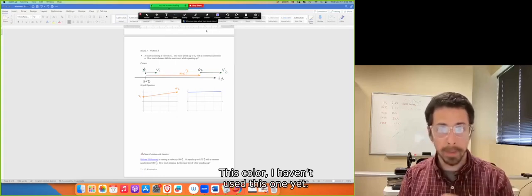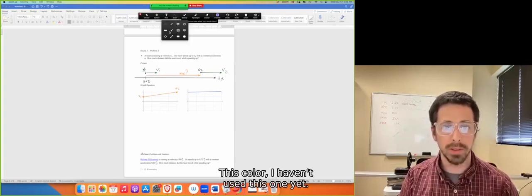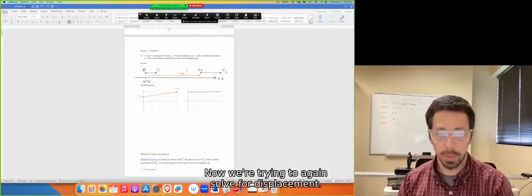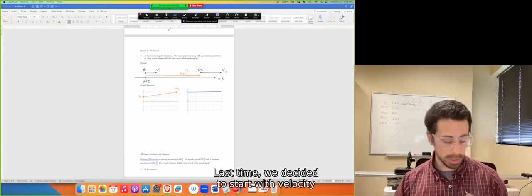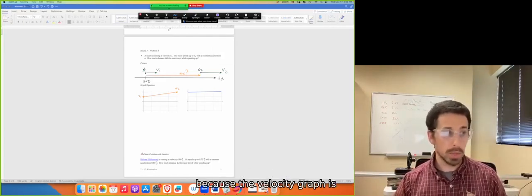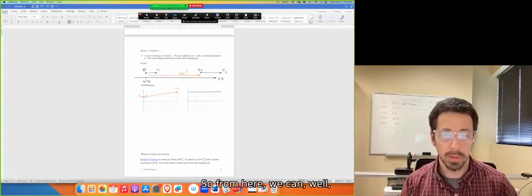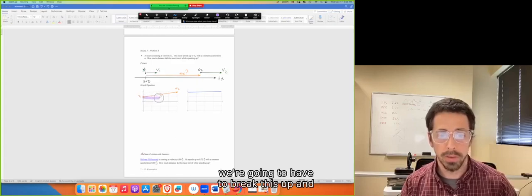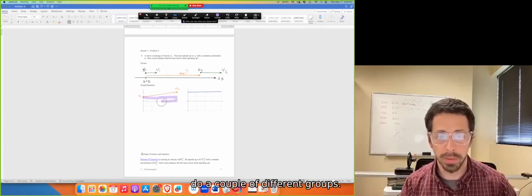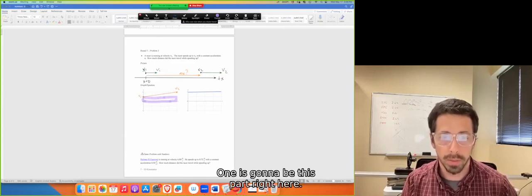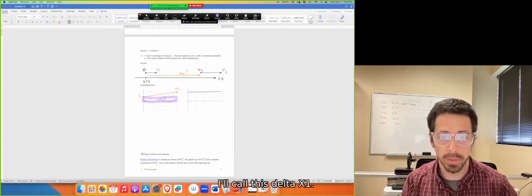All right, I'll do this color. Haven't used this one yet. Now we're trying to, again, solve for displacement. Last time, we decided to start with velocity, because the velocity graph is where you solve for displacement. So from here, we're going to have to break this up into a couple different groups. One's going to be this part right here. I'll call this delta x1.